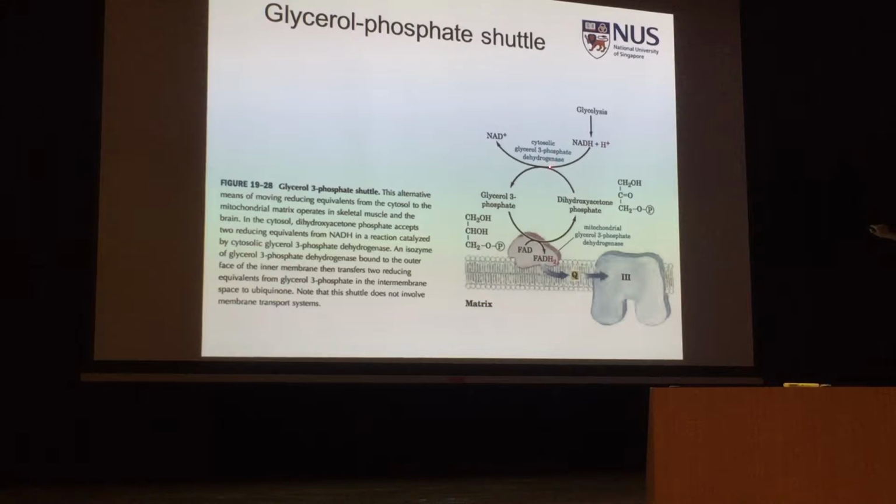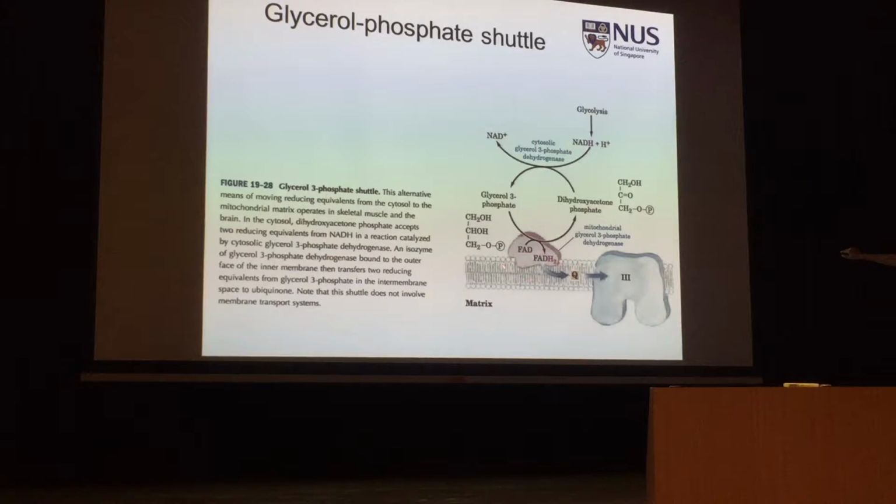So in this case, the electrons over here can be passed on to the mitochondria via this enzyme called mitochondrial glycerol 3-phosphate dehydrogenase. So it's the same enzyme, it's just another isoform that is bound to the inner mitochondrial membrane. Alright? So this one over here is in the cytosol.